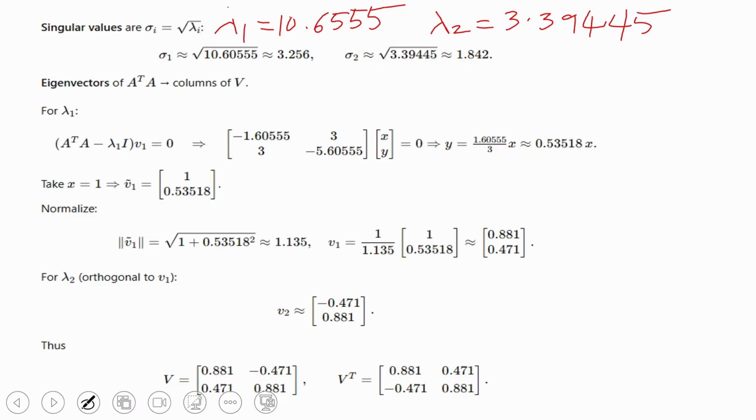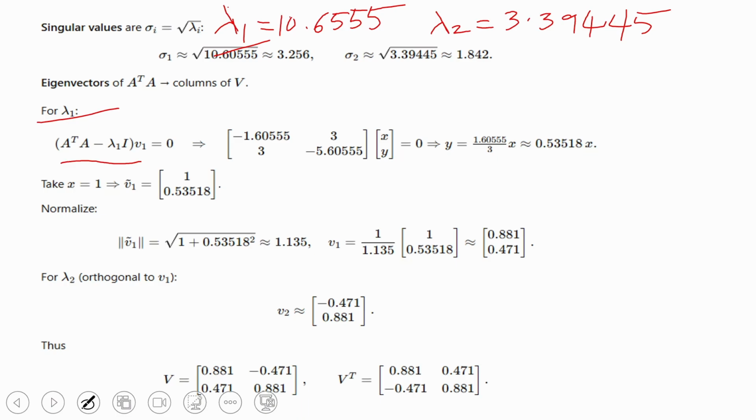Okay, now we need to take each lambda. For lambda 1, we need to find the eigenvectors. So, A transpose A minus lambda 1 into I, the whole into V1, equal to 0.